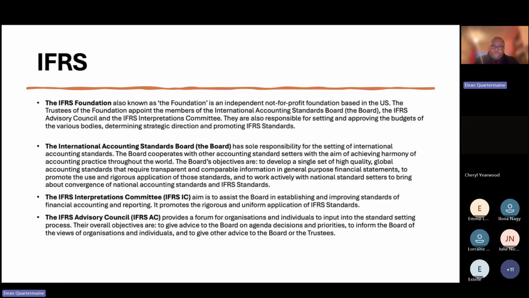So it's all well and good developing a standard, but then the Standards Board also has a job to rigorously promote the application of those standards and to work with all national standard setting boards, such as in the UK, the Financial Reporting Council, to bring around convergence of national accounting standards and IFRS.